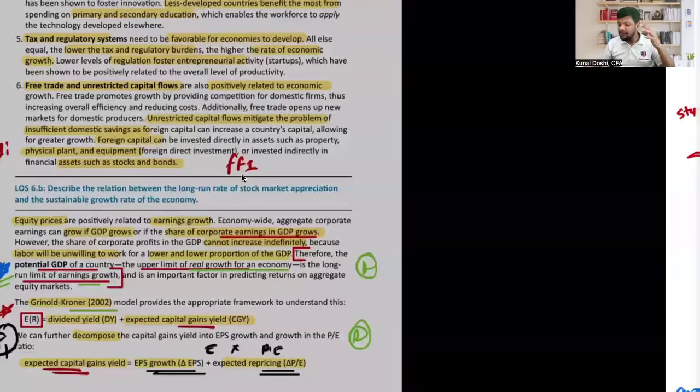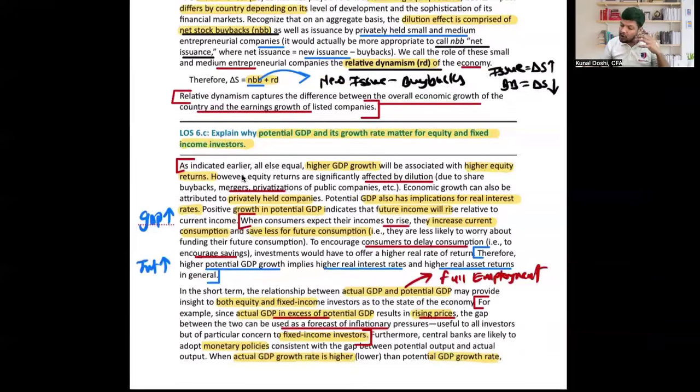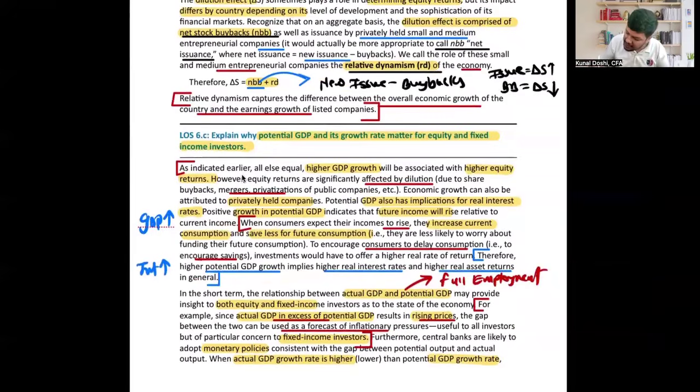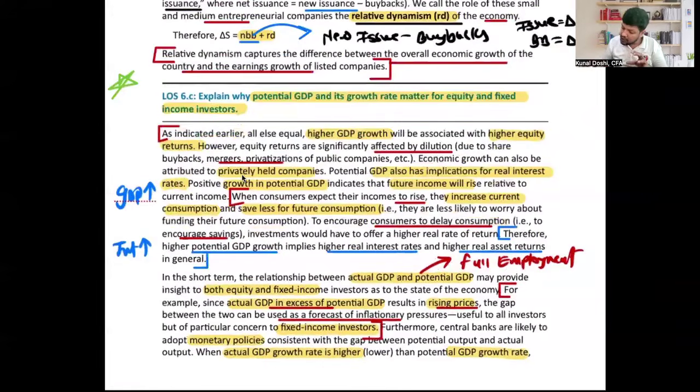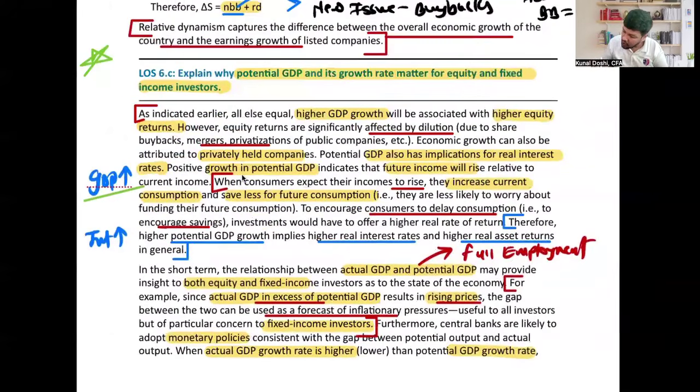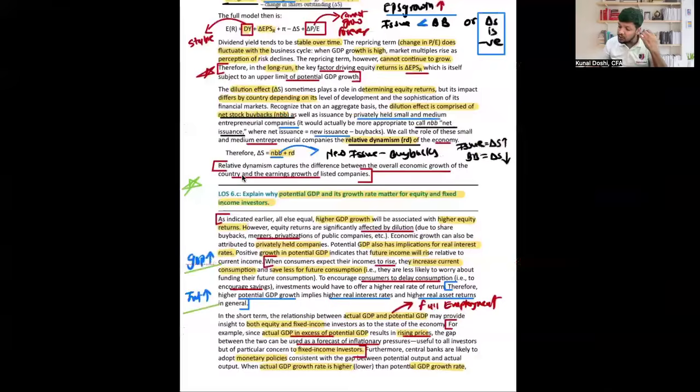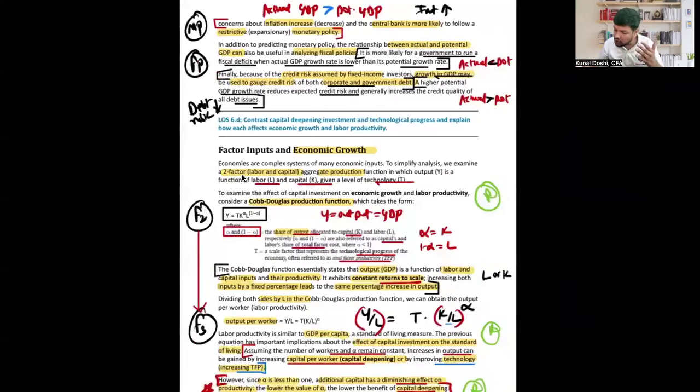Correct? You don't have to revise the Grinold-Kroner model again, so you can skip that discussion here. We've already discussed that in equity. All right. Now, most of the discussion is about how the GDP will increase, what is going to be the impact. So let's go on to that.